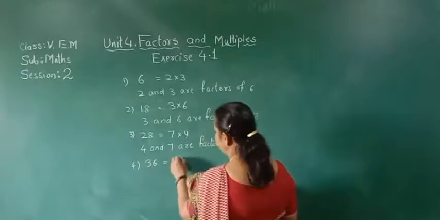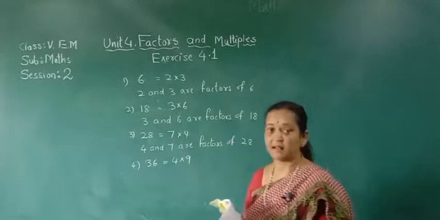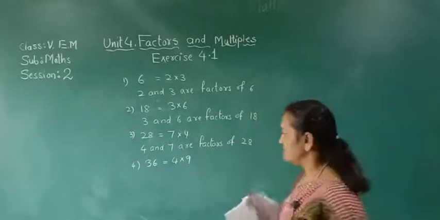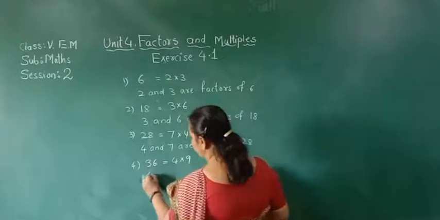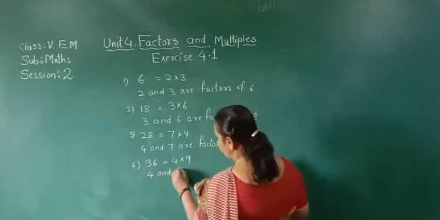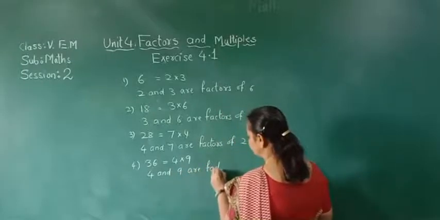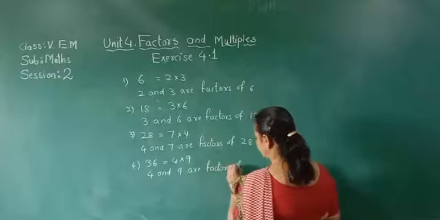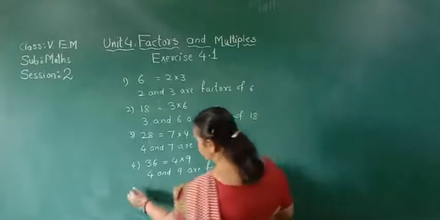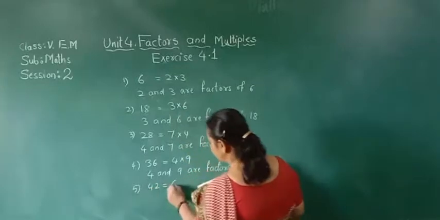Then fourth number is, after 28 it is 36. So let me write 4 9s are 36. You can write 2 18s are, 6 6s are, 36 1s are. So here 4 and 9. It is told to write only two factors. So here 4 and 9 are factors of 36. Then here fifth number is 42. 6 7s are 42.